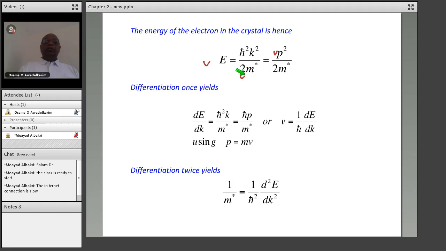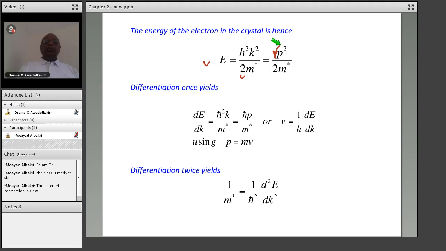There are no external forces applied yet, so I'm just working with the energy of the electron in a crystal. All the internal forces are not existent; they are all in the mass. So all the energy is kinetic. E is equal to ħ²k² over 2m*, which is the momentum squared over 2m*.